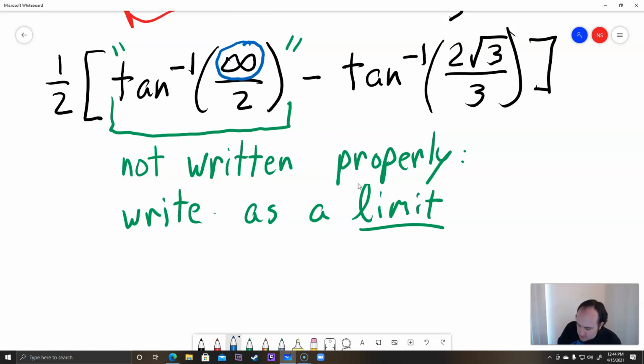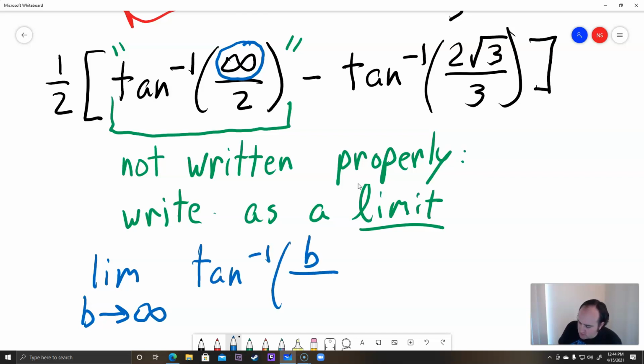So here I'm just going to rewrite this as the limit as b goes to infinity of tan inverse of b over 2. So now the way I have it written in blue here, this is actually correct.